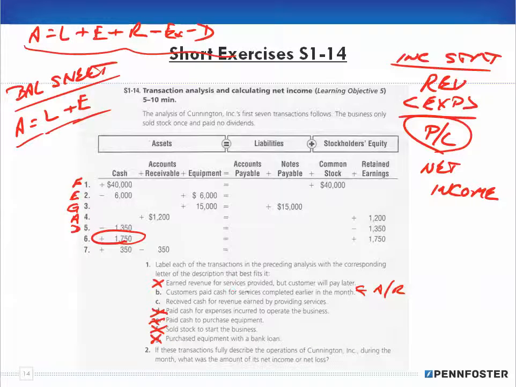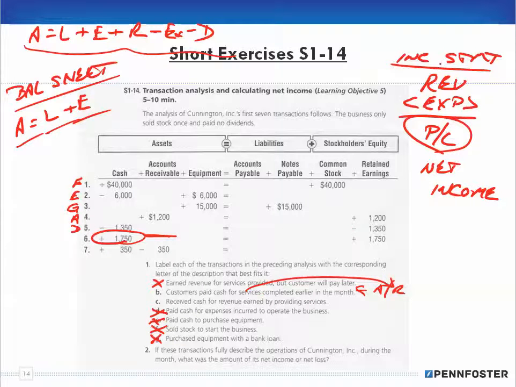They're paying for what was on account, the accounts receivable. And we don't have that right here. Okay. So it can't be B, it has to be C, where we're receiving cash, which is this increase of our cash by $17.50, for revenue earned by providing services.